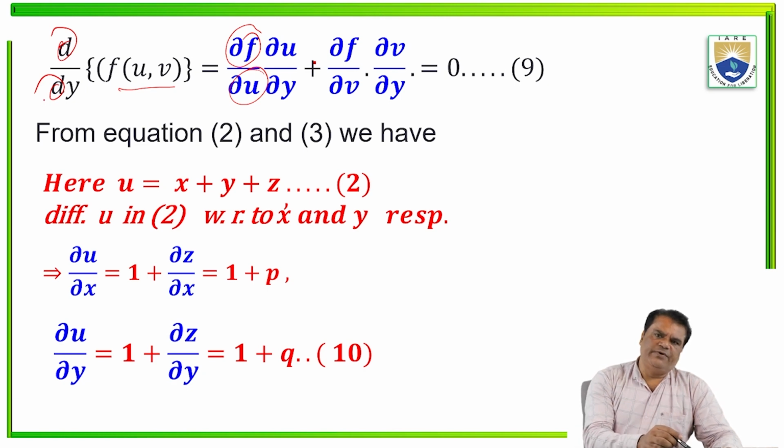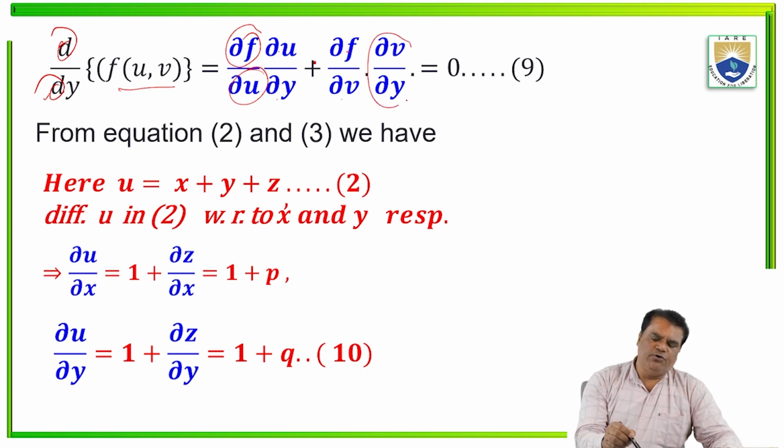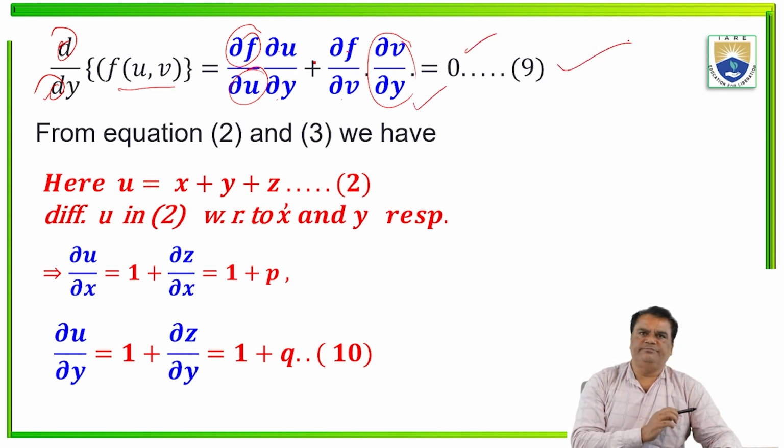Here we want to differentiate with respect to y, so differentiation of u with respect to y, dou u over dou y, plus dou f over dou v. Next, the second term of the function has the second variable v, so again differentiating f with respect to v partially, u is constant in this term, so dou f over dou v, and v is a function of x and y. We want to differentiate with respect to y, so dou v over dou y, equal to 0. This is equation 9.